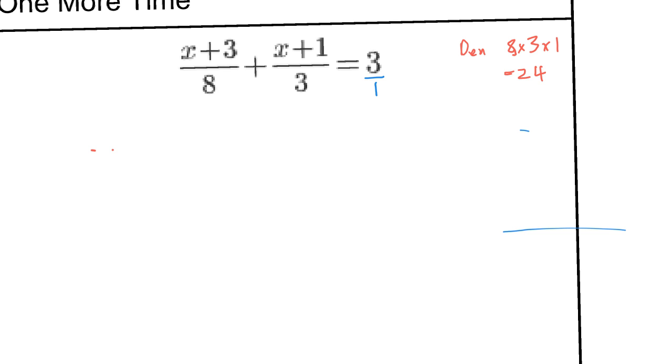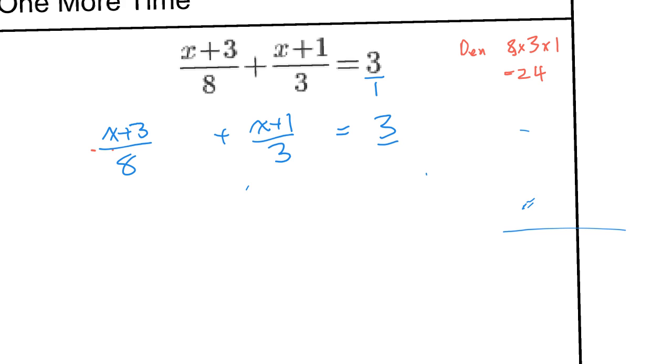So on the next line, what you're going to do is write everything spaced out, and you'll see what I mean. So you're going to write (x plus 3) over 8, and then plus (x plus 1) over 3 equals, well, 3 over 1 or just 3.